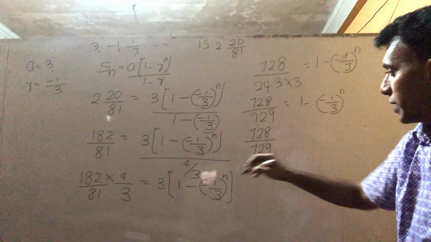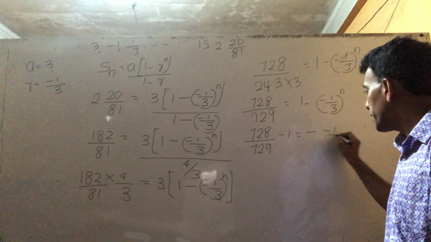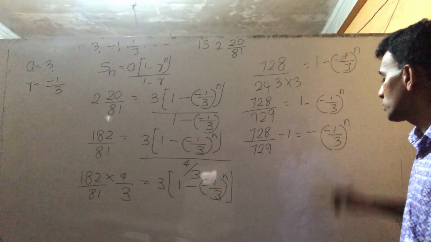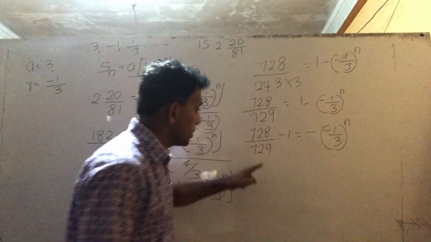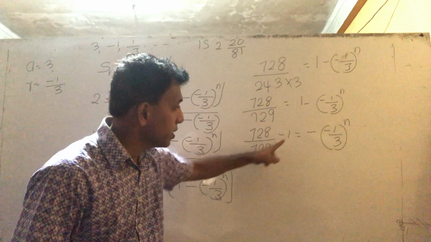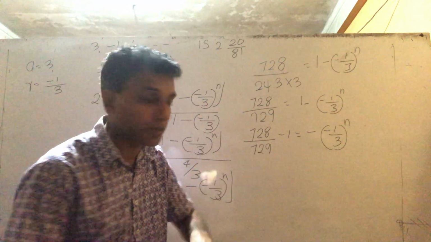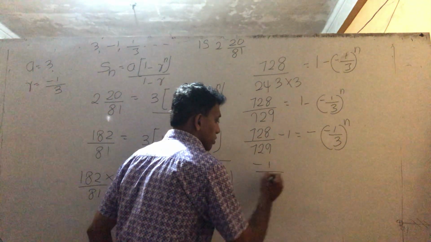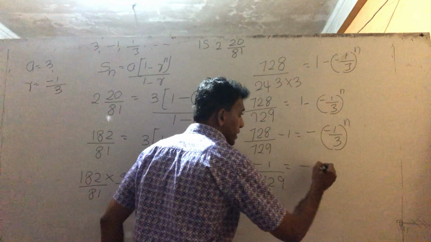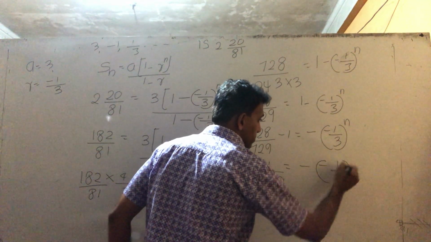This one that side, minus 1 equal to minus 1/3 power n. So here, simplify using primary work, fraction addition: 728 minus 729 is minus 1, over this, that side minus 1/3 to the power n.